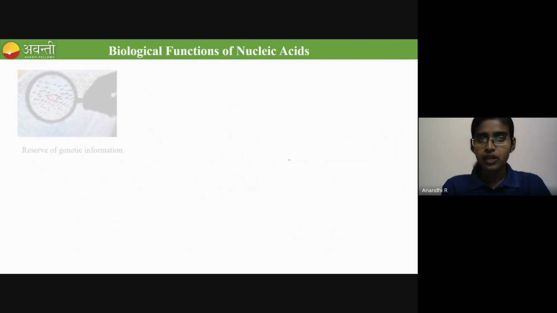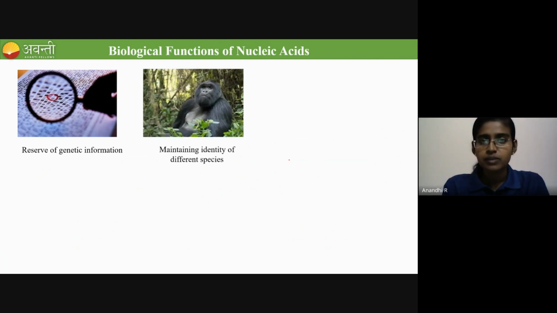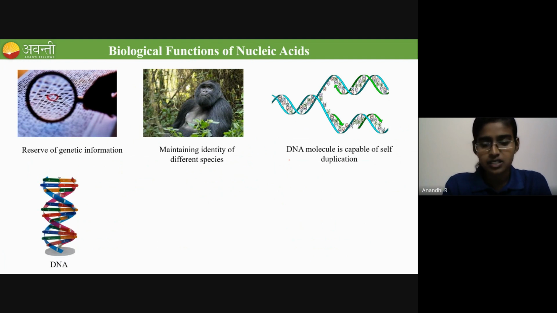Shall I go with the biological functions? Okay. So the reservoir of genetic information is one of the main biological functions of nucleic acids, along with maintaining the identity of different species. The DNA molecule is capable of self-duplication, which is called replication, right?